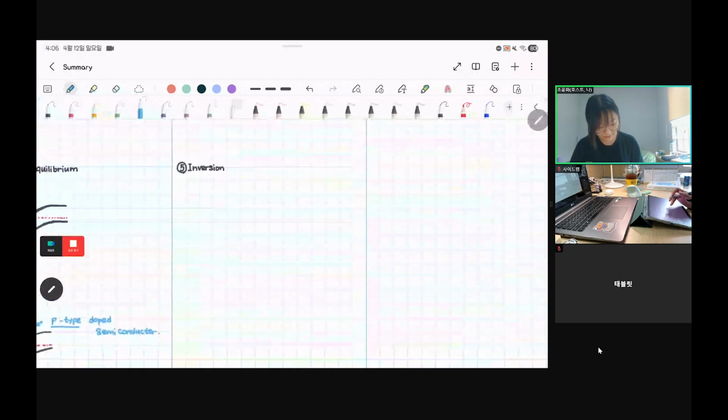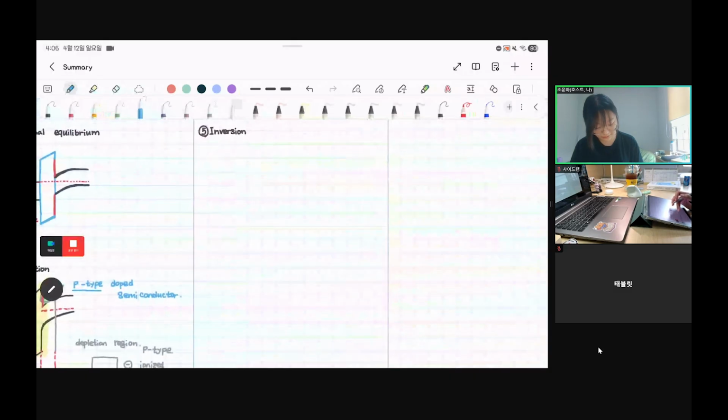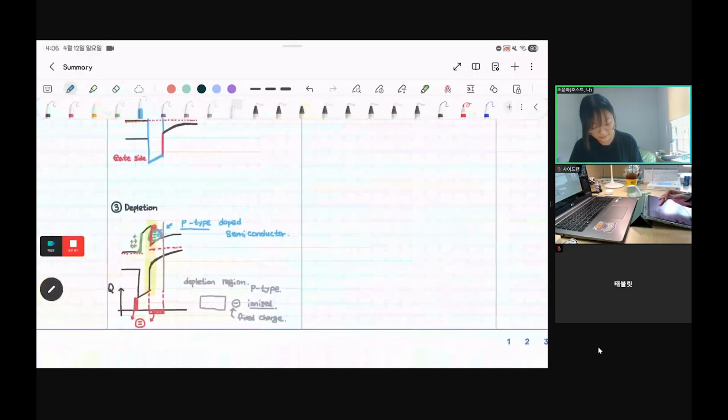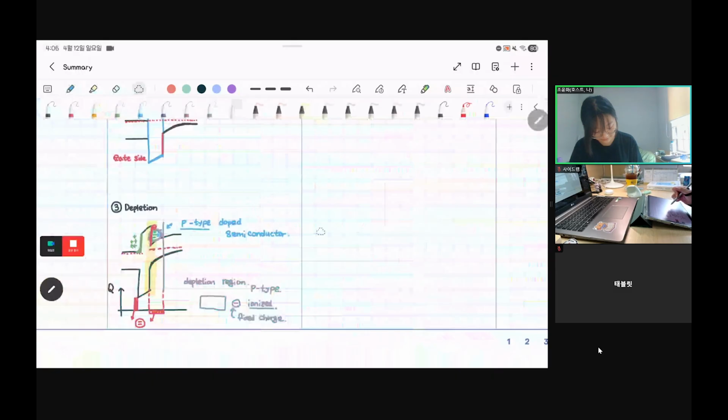So we call this state accumulation. And inversion is different. Before explaining the inversion, let's see the depletion state again.